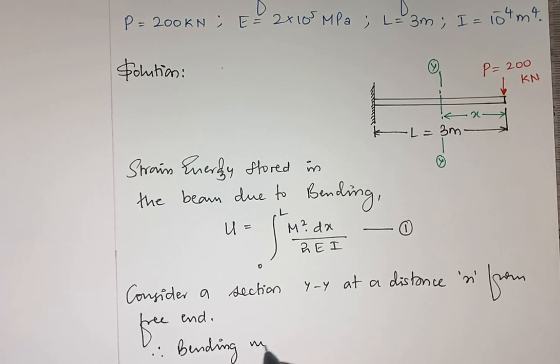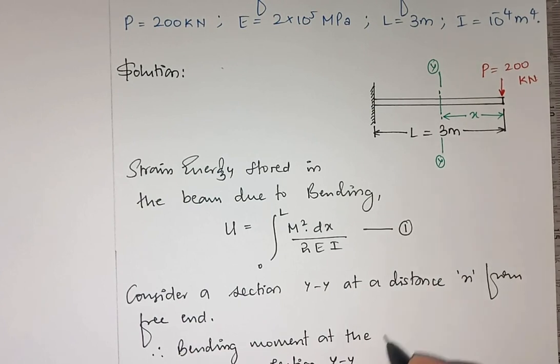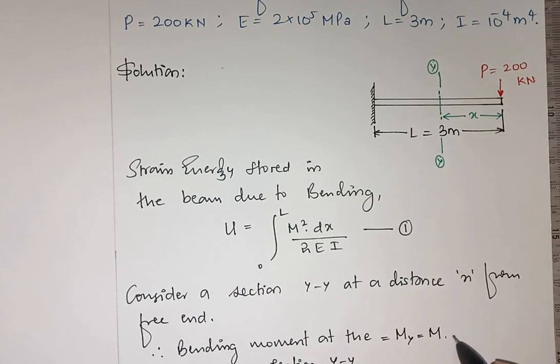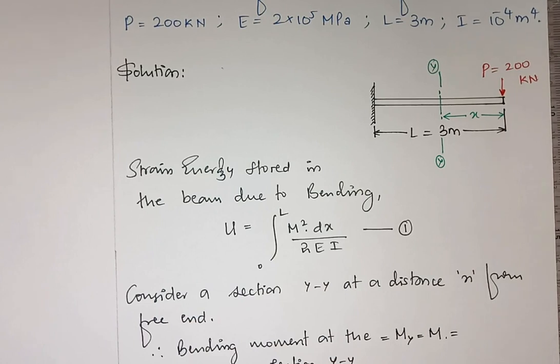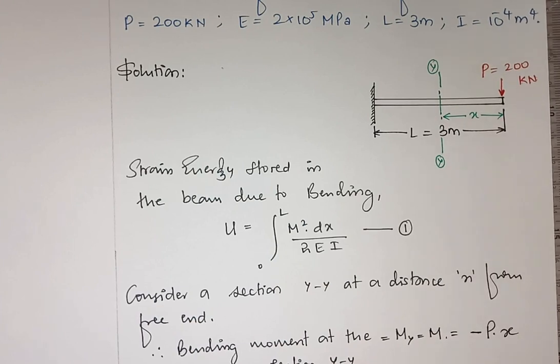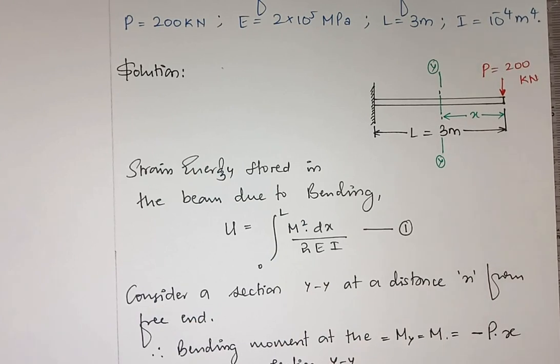So therefore bending moment at the section YY will be equal to M, and I'll take it as M because I want to substitute it here. So that will be equal to minus P into X. Why minus P into X? The reason is simple.